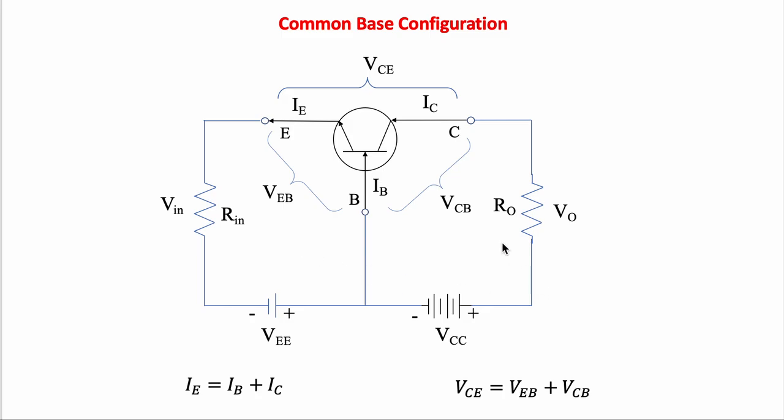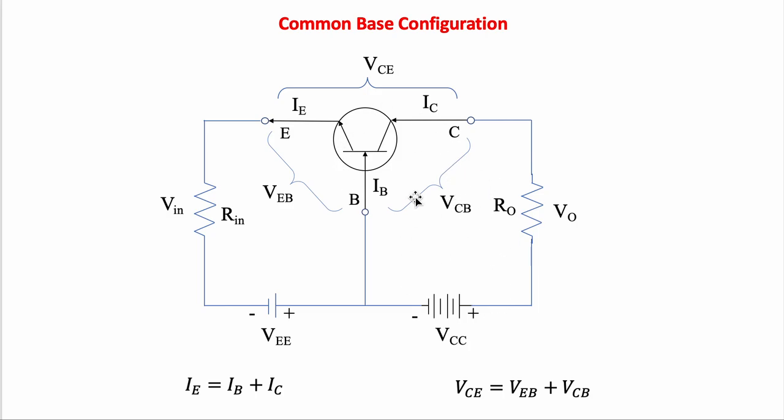For the VCB, we cannot say anything because we know that for the active region, the emitter and base terminals need to be forward biased, and base and collector need to be reverse biased. Since it's a reverse biased PN junction, we can't know for sure what the VCB is.